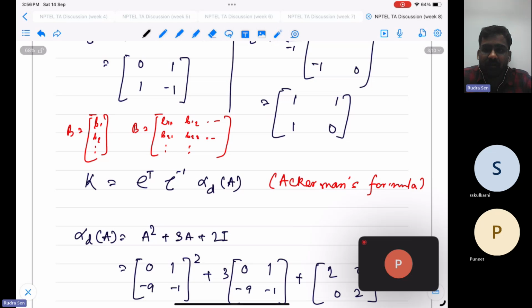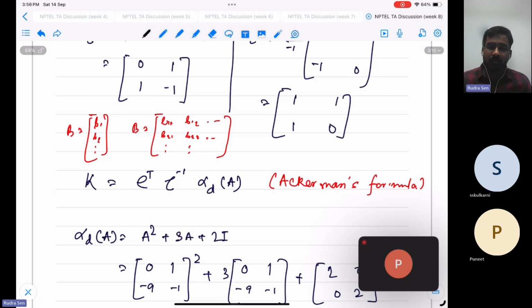So when we are dealing with a SISO system, that is a single input, single output system, we can use this Ackermann formula. Once we move from single input, single output to multi-input, multi-output, that is a MIMO system, we cannot use the Ackermann formula. There are other methods that we have seen in previous classes, such as similarity transformation, or comparing the desired characteristic equation with the closed-loop characteristic equation of A minus BK, and from there we find the k value.